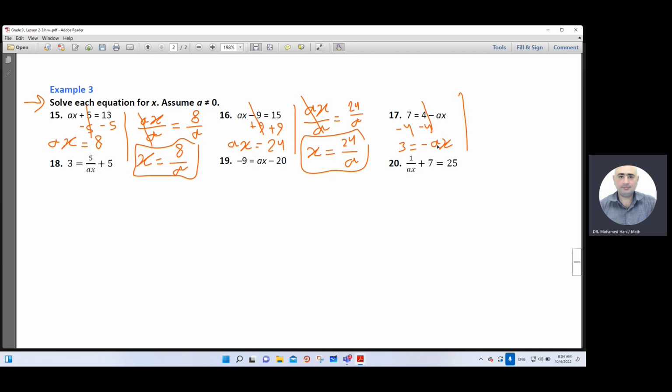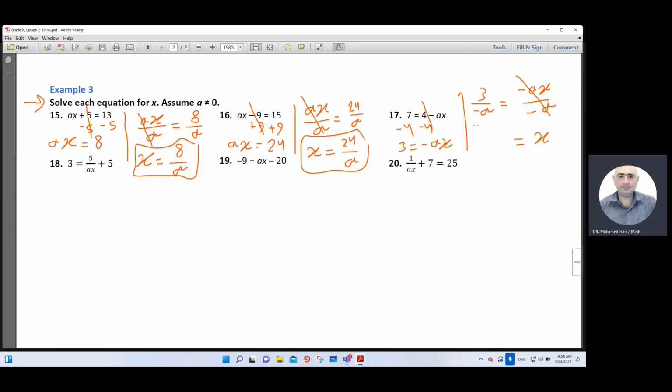Then we want to remove negative a from this side, so we can divide the two sides by negative a. So negative a divided by negative a will be 1. It means 1x, which is x.